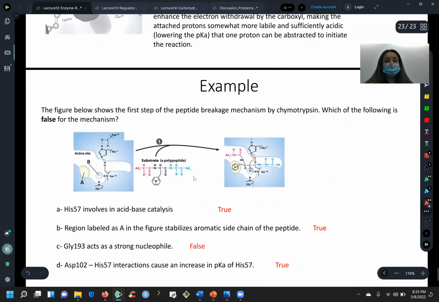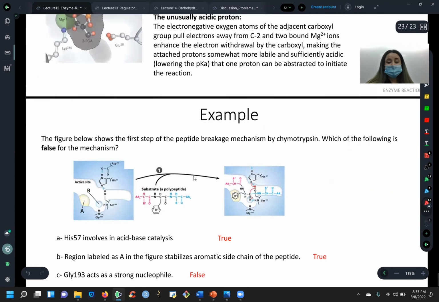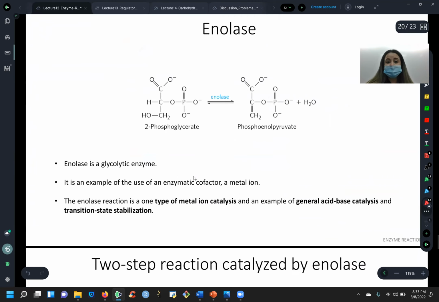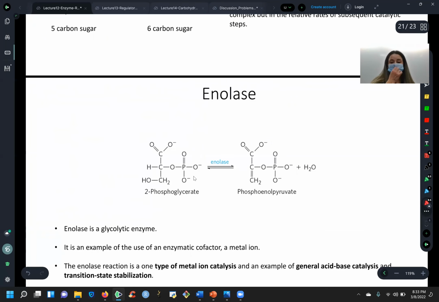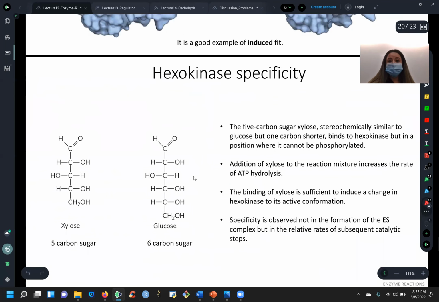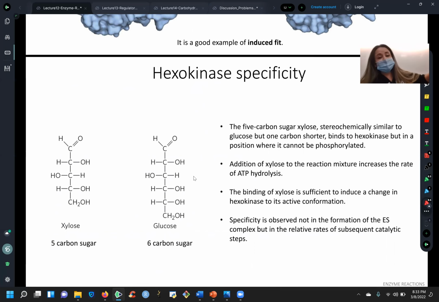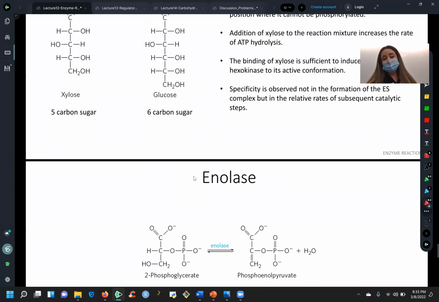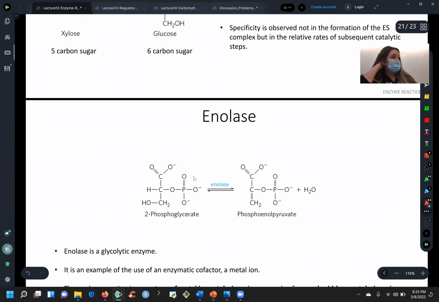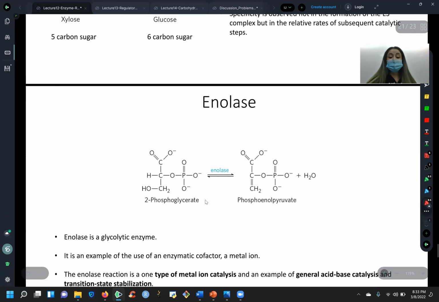And then towards the end, you have 2 other enzymes. You've got enolase, and then you have hexokinase. So this lecture 12 is about 3 enzymes: chymotrypsin, hexokinase, and enolase. So you should learn all 3, but mainly focus on hexokinase since it was like 20 slides or something. Okay.